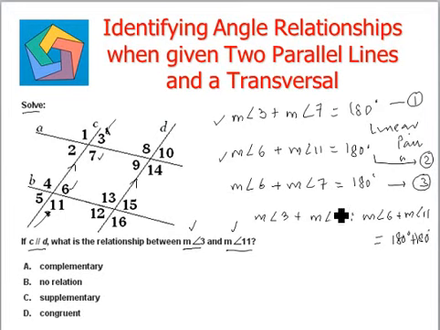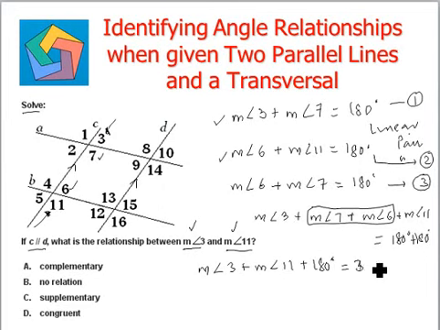Now 6 plus 7 is also equal to 180, that is from the third equation. Therefore measure of angle 3 plus measure of angle 11 plus 180 degrees equals 360 degrees.